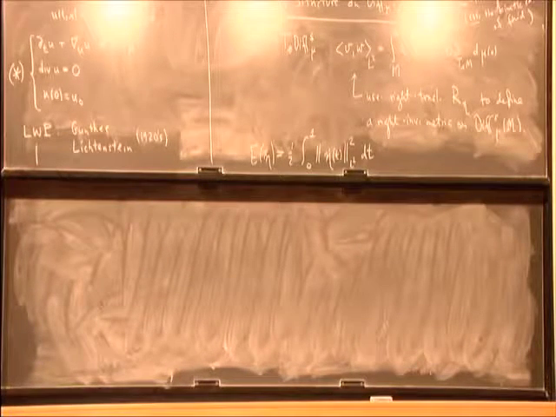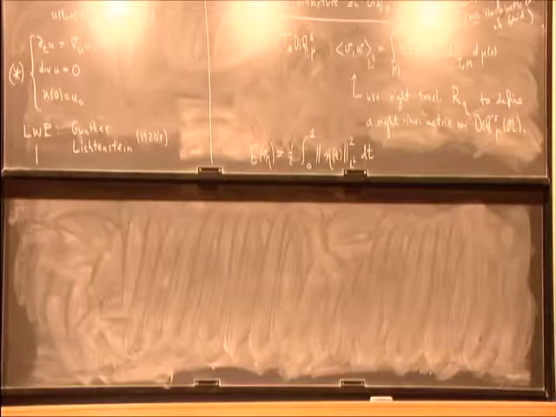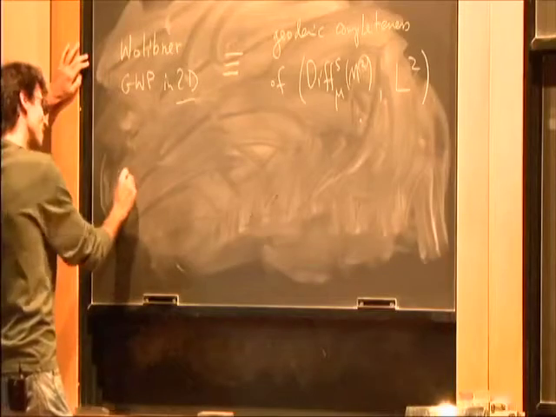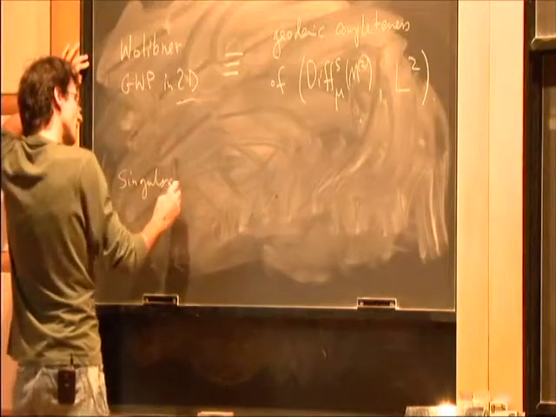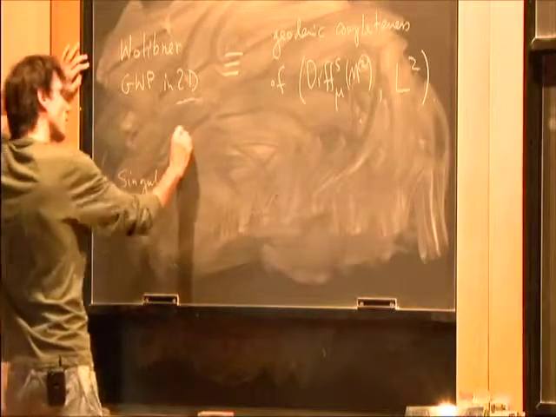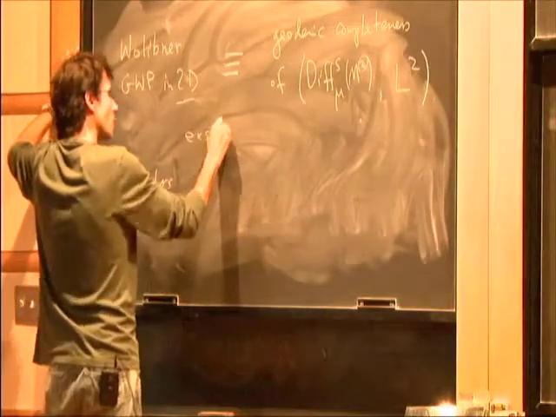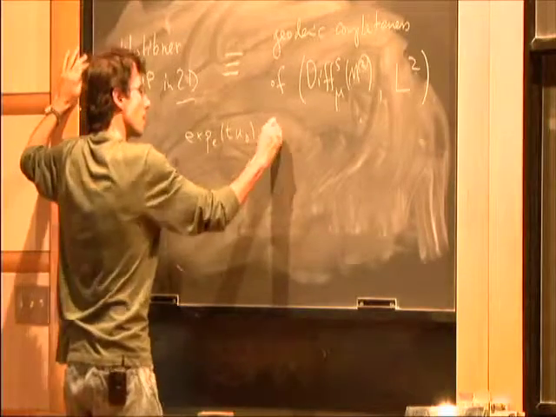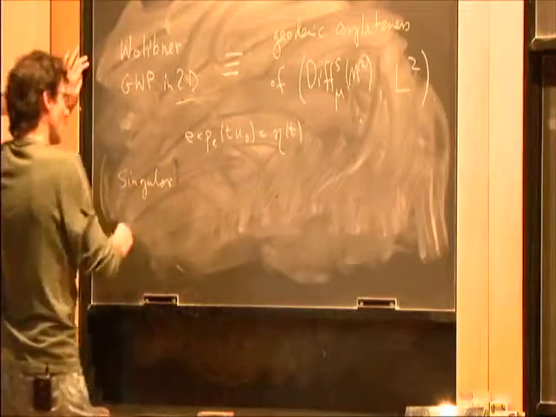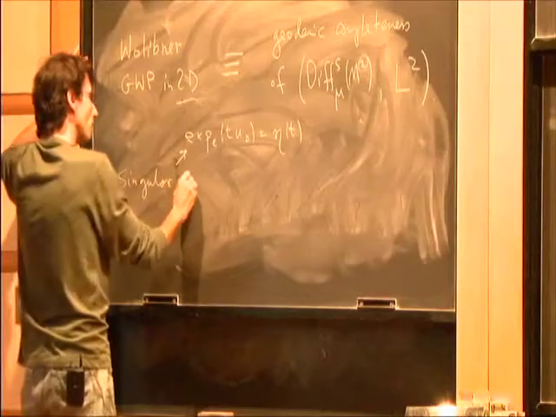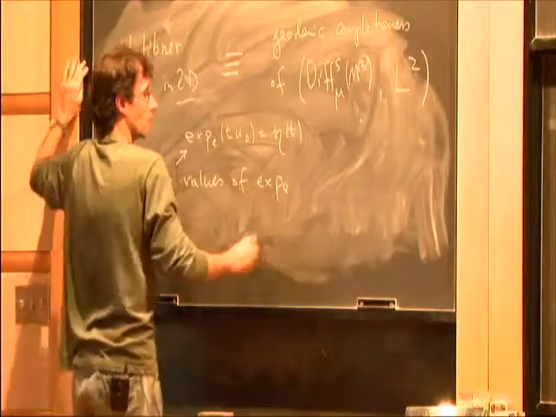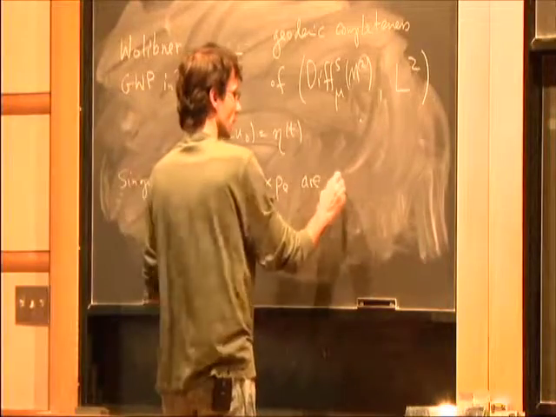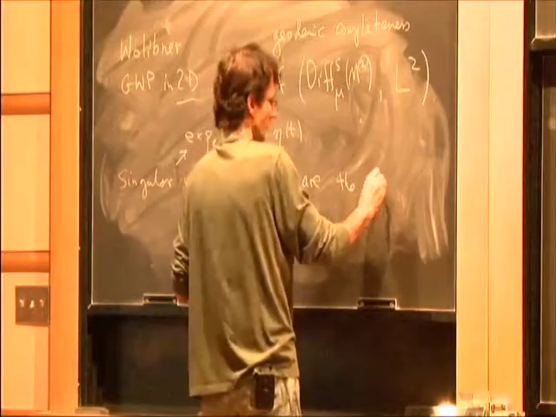Okay, so what are conjugate points? What are singularities? Singularities of the exponential map. So singular values of the Riemannian exp, defined in this way, are the conjugate points in geometry.